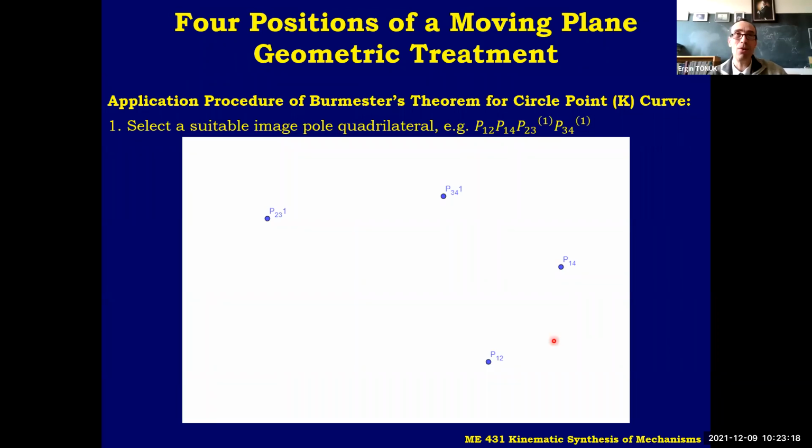Okay, so what we do is we select a suitable pole quadrilateral. If we want the circle point curve, actually it is the image pole quadrilateral. If we want the center point curve, it's the pole quadrilateral itself. So the application procedure for Burmester's theorem is identical except for that difference.